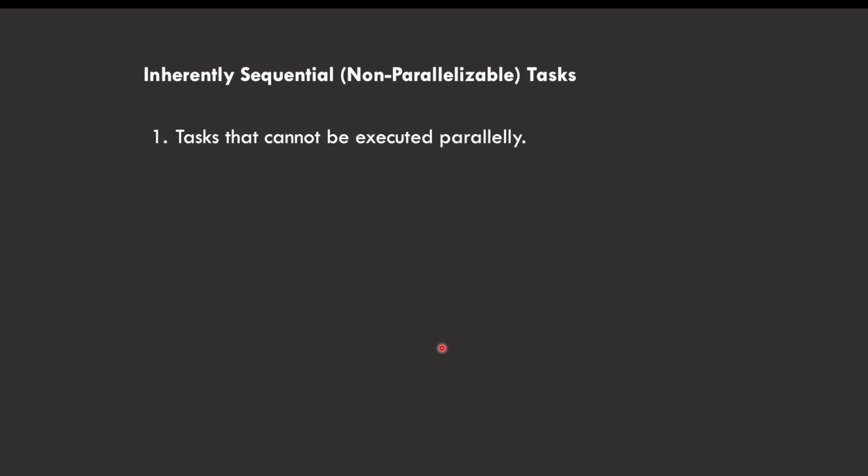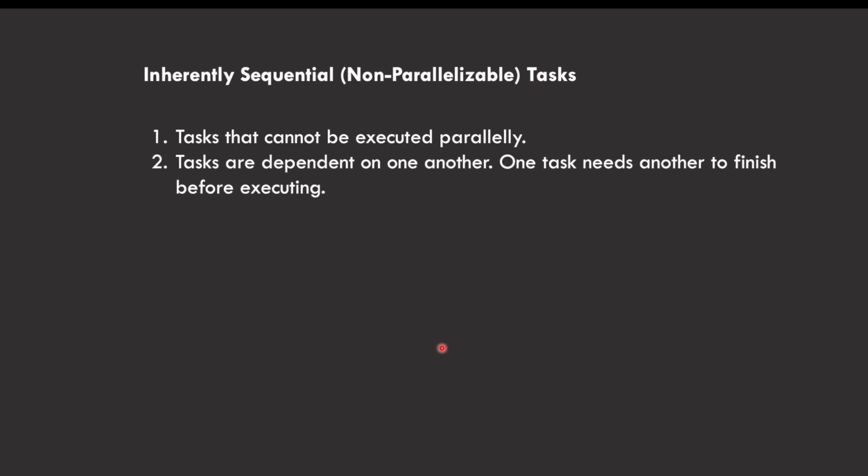Let's first look into the inherently sequential or non-parallelizable task. These are the tasks that cannot be executed parallelly, right? These are dependent on one another, as in one task needs to finish before the other can execute. The execution of the next task depends on the result of the first task.